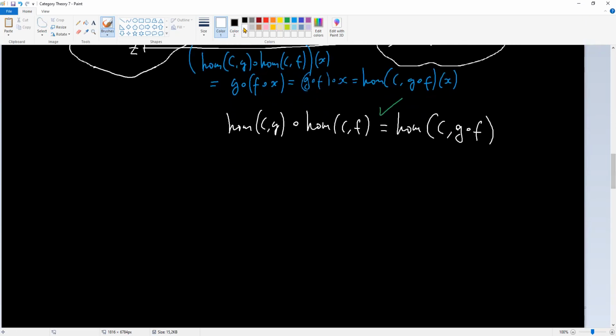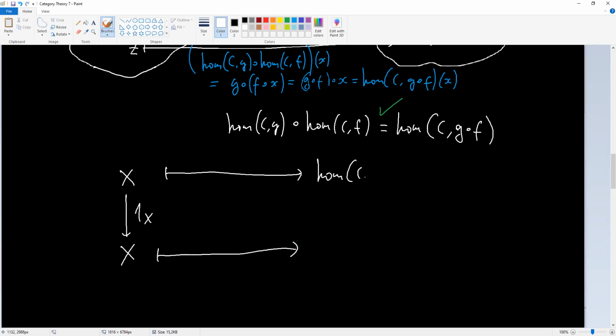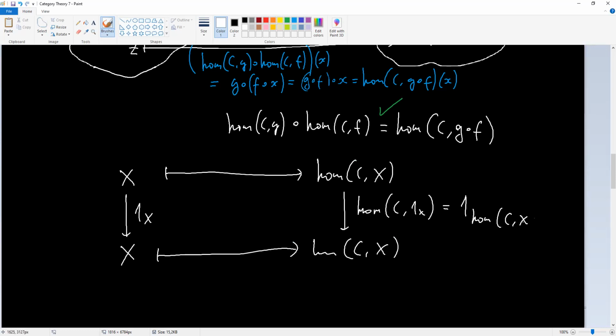That would mean that if I take X, an identity morphism of X, when I view X as a hom set, hom CX, that this hom C of identity will match exactly with the identity function of hom CX.